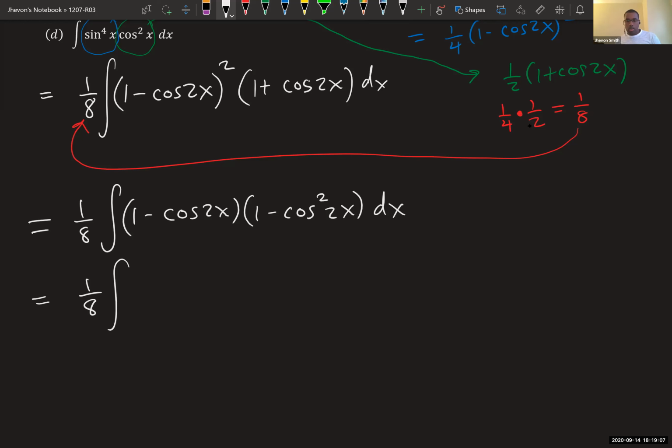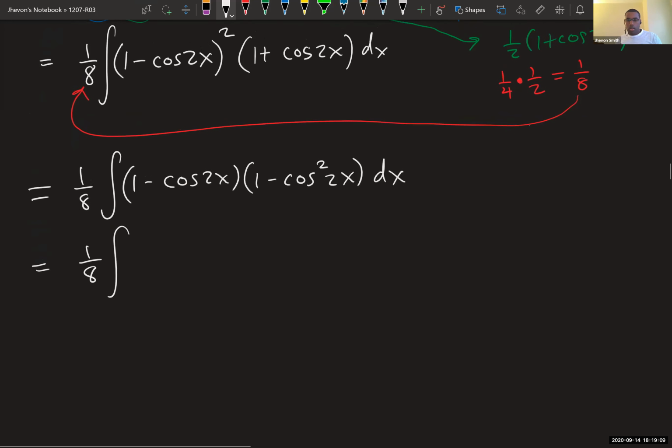Okay, then, double angle formula again, applied to the cosine squared 2x.